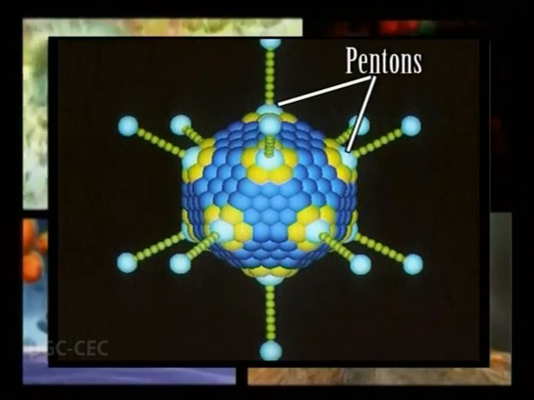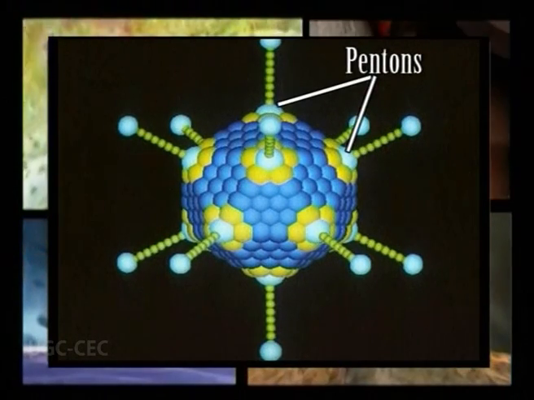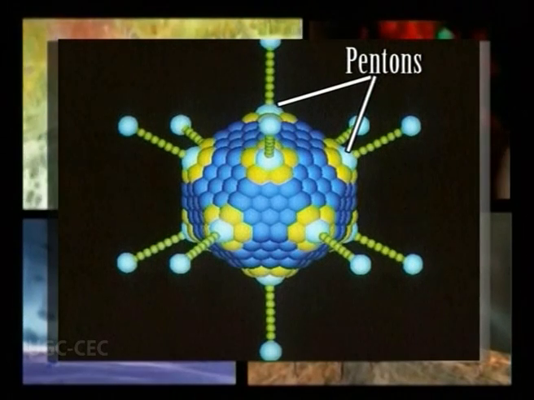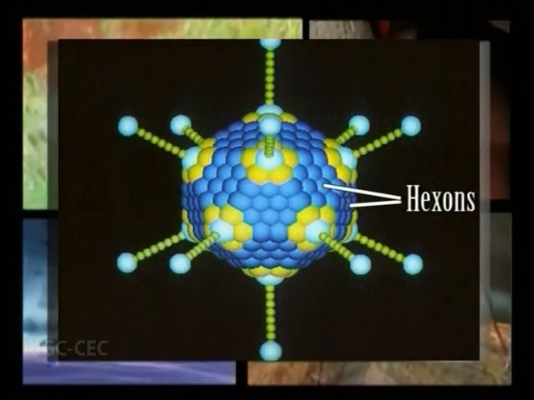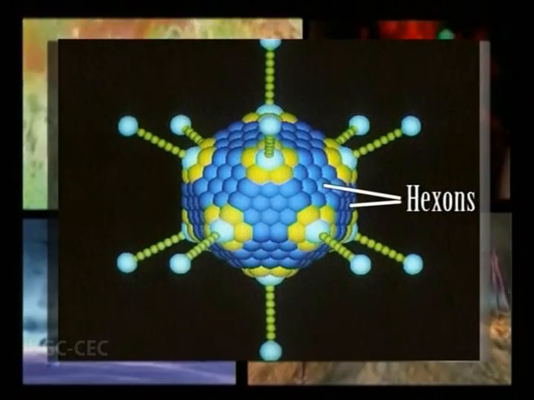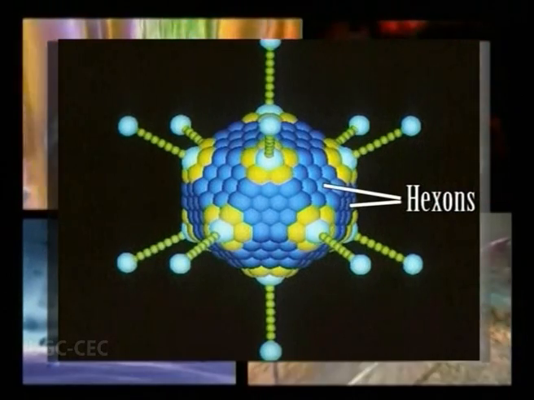Pentamers or pentons are at the vertices of the icosahedron, and hexamers or hexons form edges and triangular faces. Viruses with such a type of symmetry are called icosahedral or polyhedral. The number of capsomers in an icosahedron varies from virus to virus.